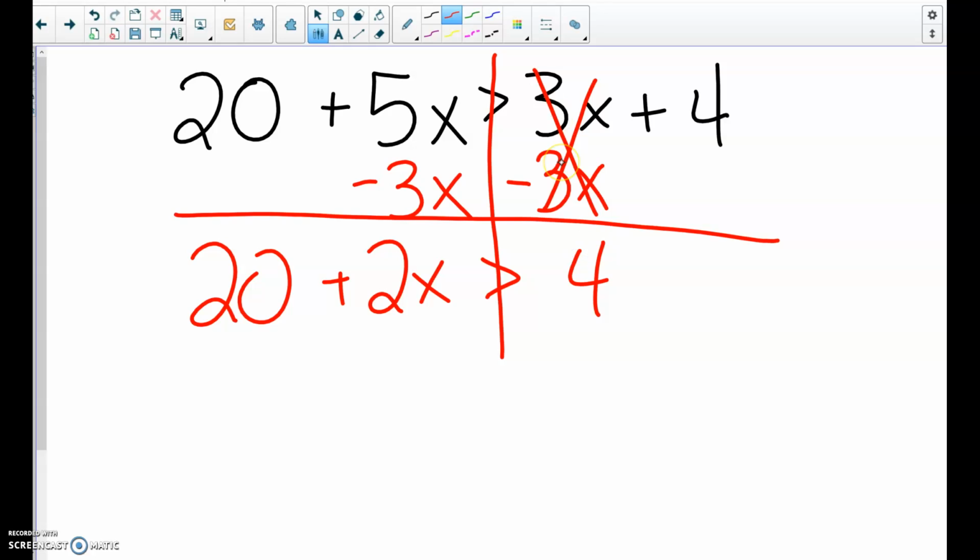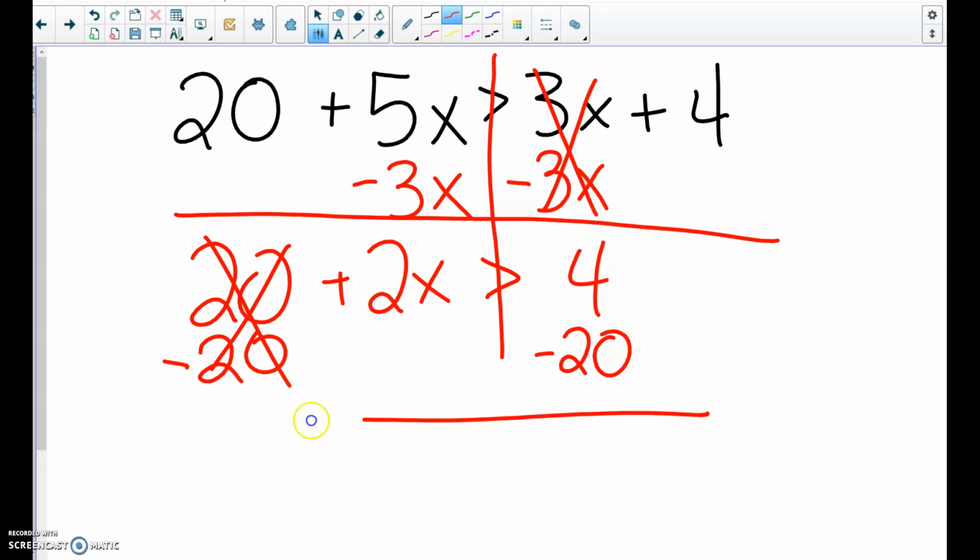Okay, so 3x minus 3x cancels. 5x minus 3x gives me 2x. Now, since my variables are on the left side there, I need to get rid of this 20 on the left side. It's a positive 20, so I'm going to subtract 20. I end up with 2x is greater than 4 minus 20, which is negative 16.